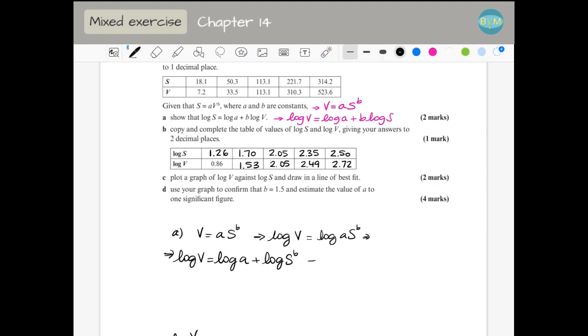So I have log V equals log A plus B log S.